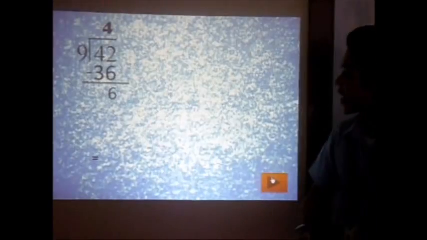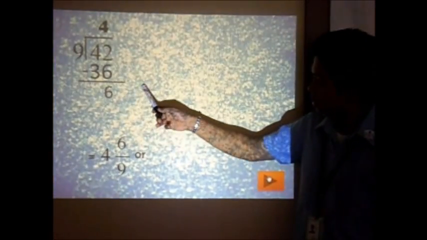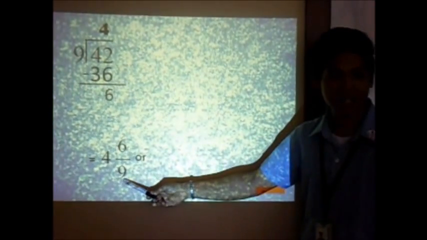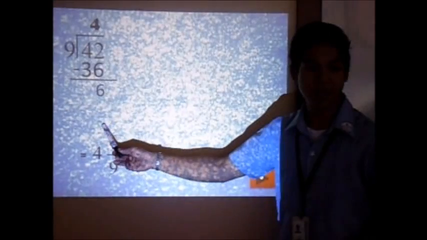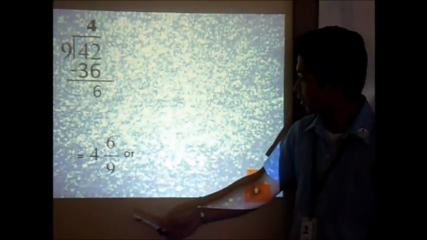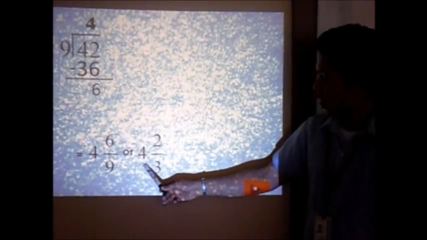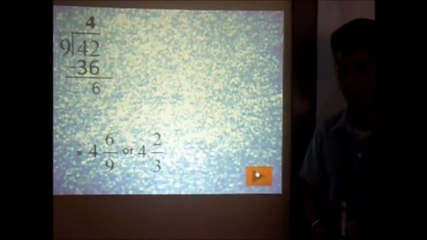So our whole number is 4, our numerator is 6, and our denominator is 9. So here it is. This can be simplified into simplest form. Then the answer is 4 and 2 over 3. So that is the answer.